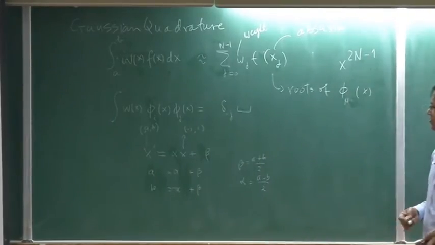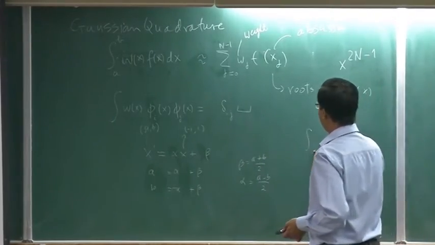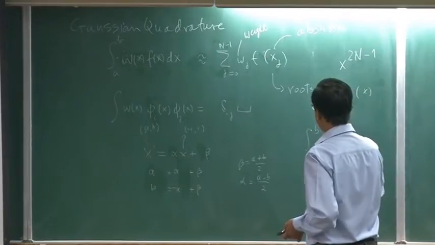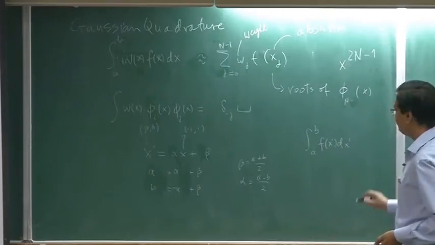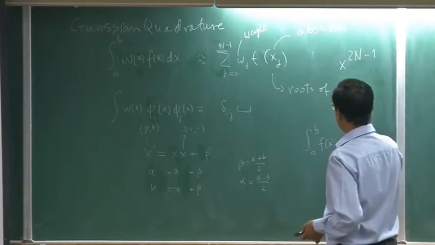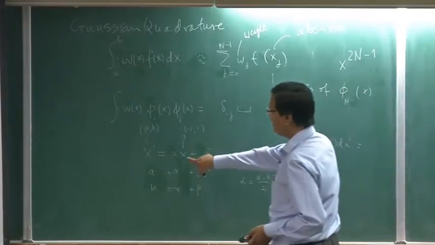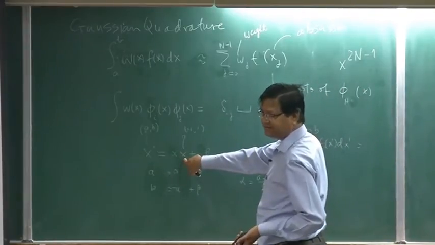Okay. So what is the integral? Integral a to b f(x prime). This is what I want. So I have to replace dx prime by alpha dx, that is the Jacobian.